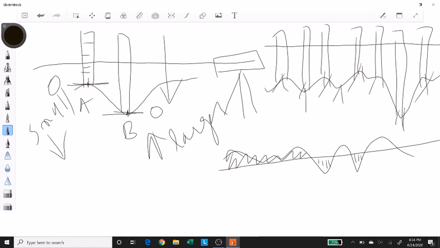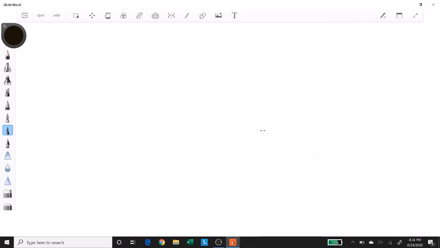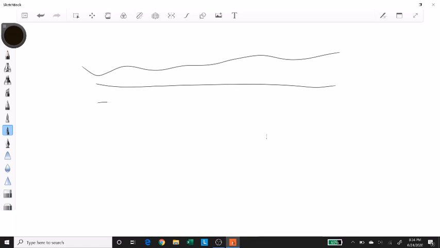Similarly, whenever we construct roads at a grade, or water supply lines or sewerage lines, they have to be at a specific grade or a slope, so that naturally the liquid inside can keep on flowing at a speed that you decide on depending on the slope. So if this is my land and your supply pipes are usually below the ground, and I have decided on a slope, so now I need to excavate.